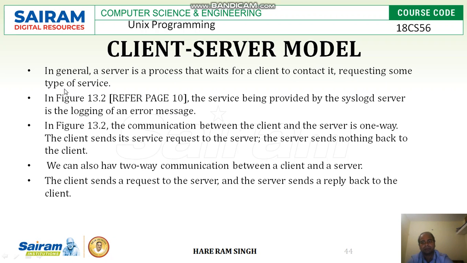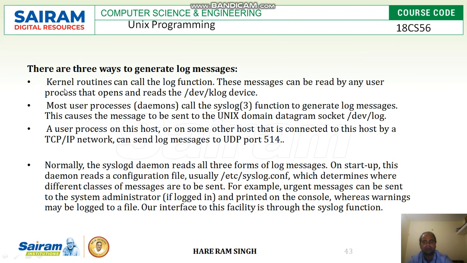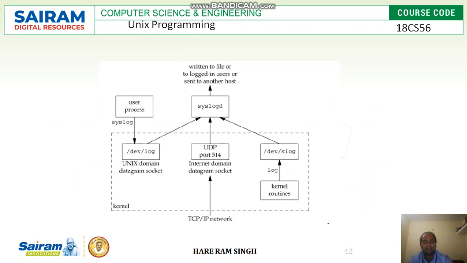In general, a server is a process that waits for a client to contact it requesting some type of service. Now in this one, what is the client and what is the server? In this diagram you can see that this process is working as a server.